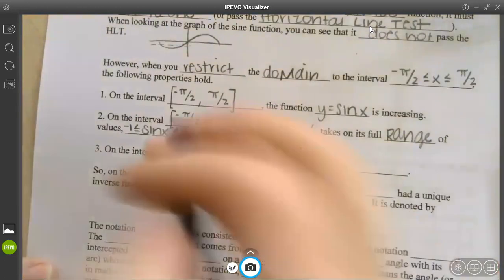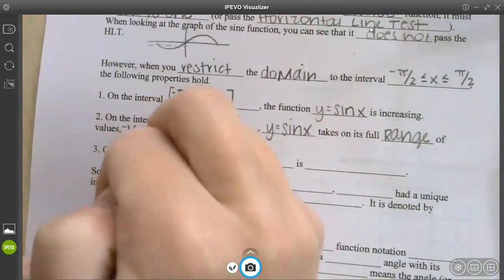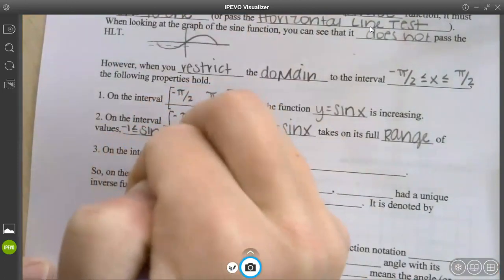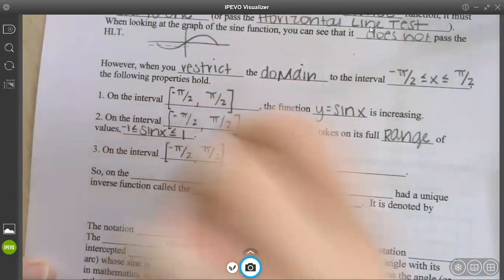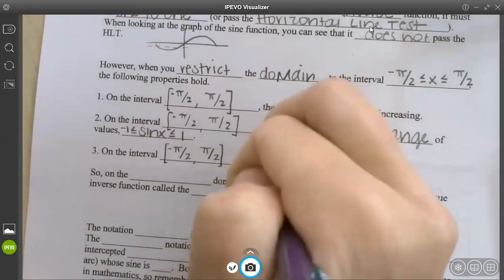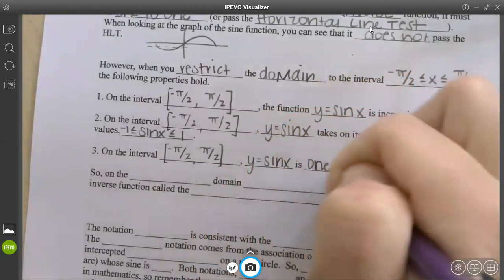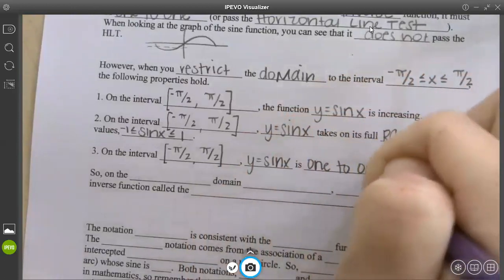On the same interval, negative pi over 2 to pi over 2, y equals sine x is 1-to-1, and we just talked about that because it will pass the horizontal line test.